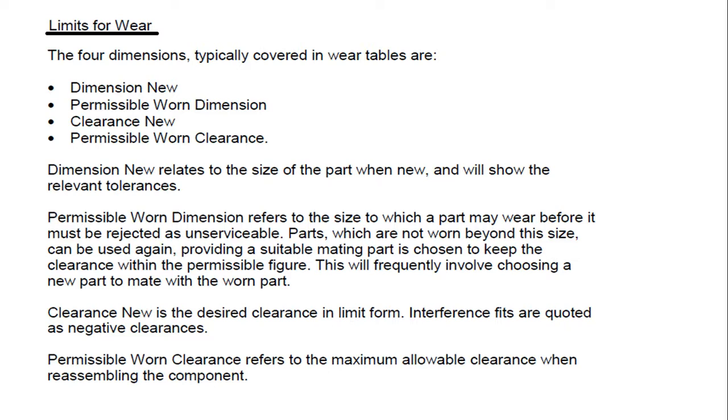Then we will check the permissible worn dimension. Permissible worn dimension means after being in working condition for a long time period, the situation has changed. Now you will again take a dimension of the things, the dimension of the hole, the dimension of the shaft, and then you will refer to the maintenance approval sheet or manual for how much dimension is permissible.